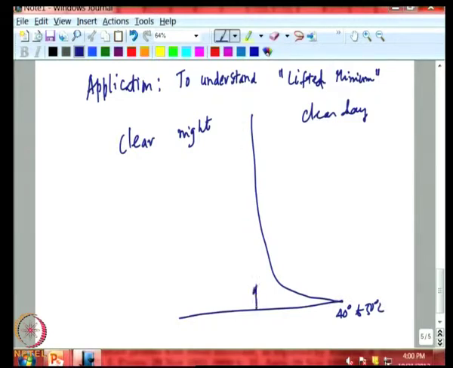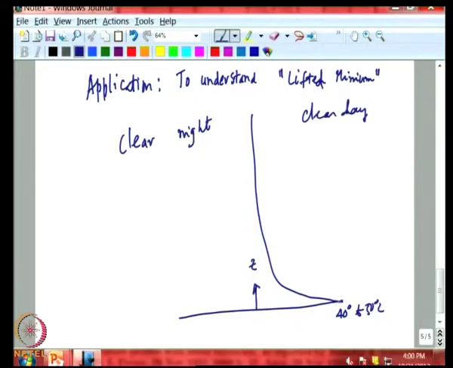This is the height here. So, during the day, if it is a clear day, the surface of the earth gets heated up very much and can reach temperatures of 40 to 50, but the air next to it will be at a somewhat lower temperature, and you will see a rapid fall of temperature with height.